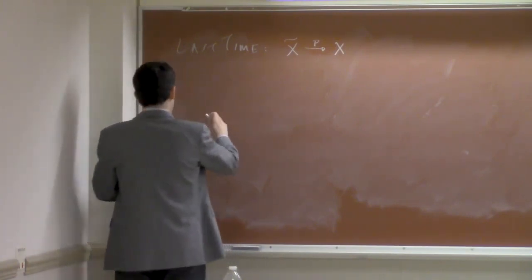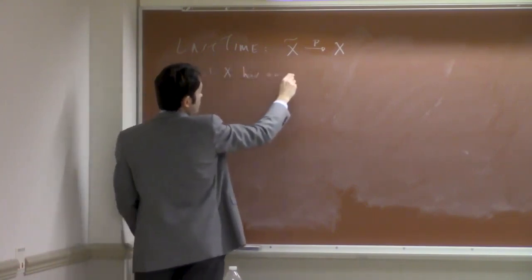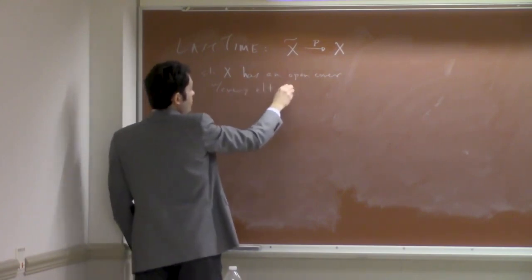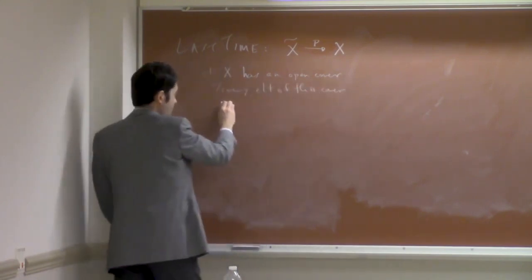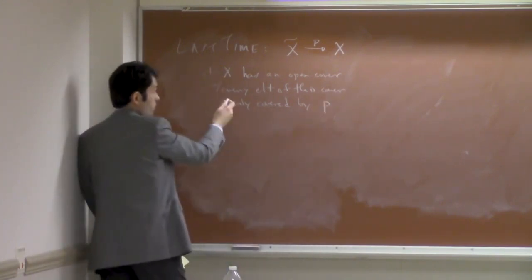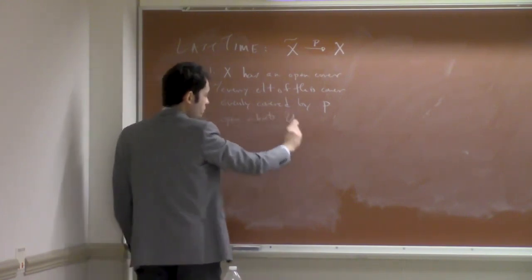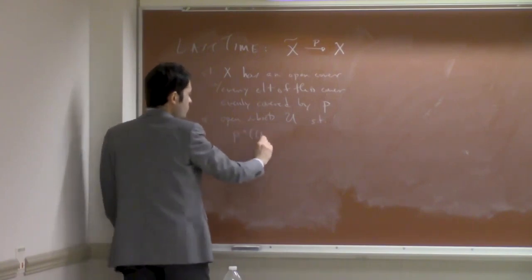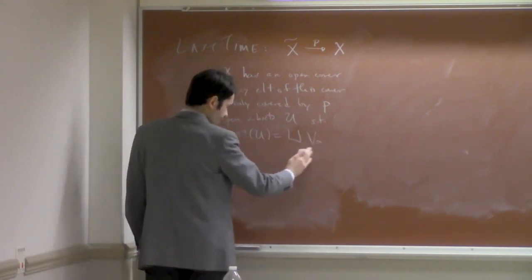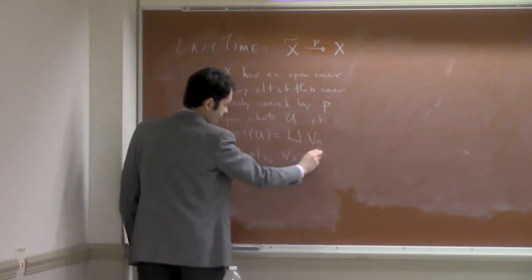And we said that covering spaces are maps for which X has an open cover with every element of this cover evenly covered by P, i.e., open subsets U such that P inverse of U is the disjoint union of a bunch of sets V, and P restricted to any one of these is a homeomorphism.